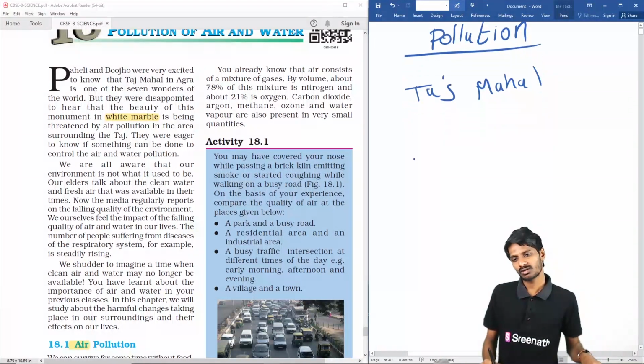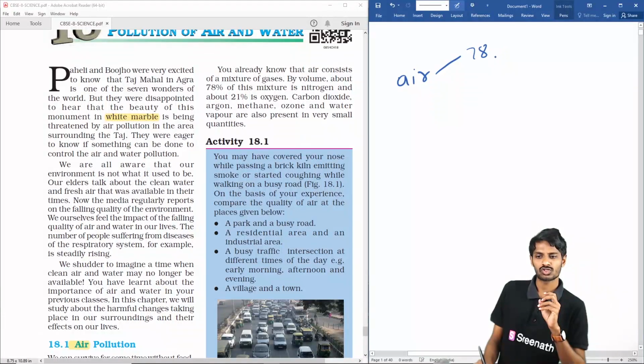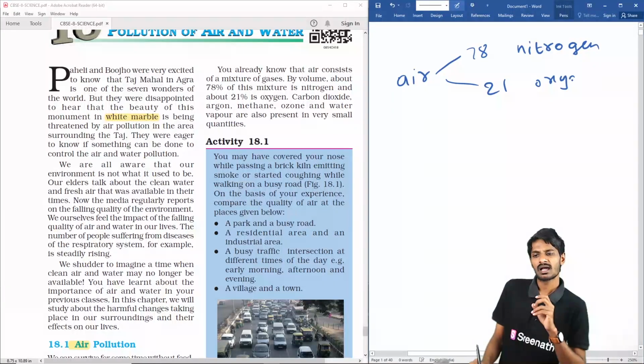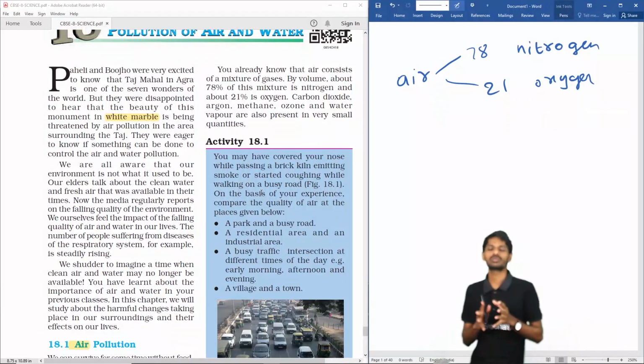Normally the air contains 78% of nitrogen and 21% of oxygen, and a remaining small percentage of carbon dioxide, argon, methane, ozone, and water vapor, etc. So this is the good proportion.